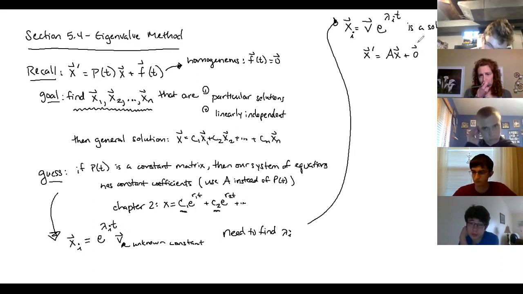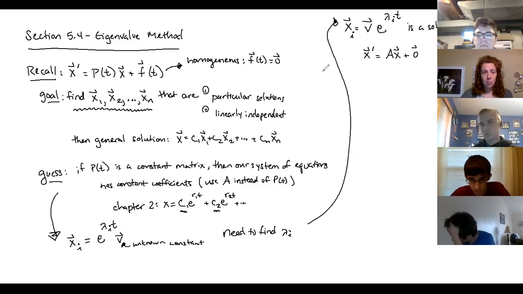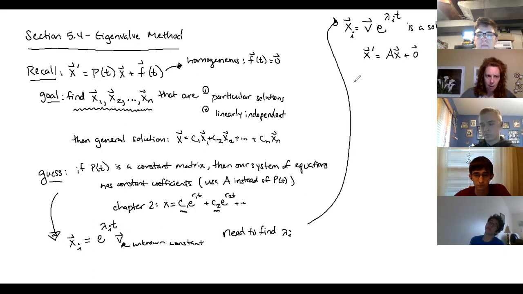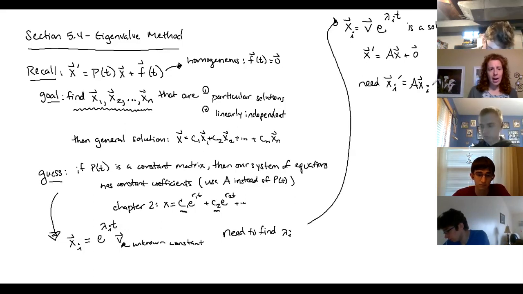But again, this is a homogeneous equation, and remember that I'm using A instead of P of t because we're assuming that we have constant coefficients. So I need my vector x sub i to be a solution to this system of equations. Are we hanging with me so far? If I plug in, I need vector x sub i prime to equal A times vector x sub i. That's what I need to happen. We can take a derivative.